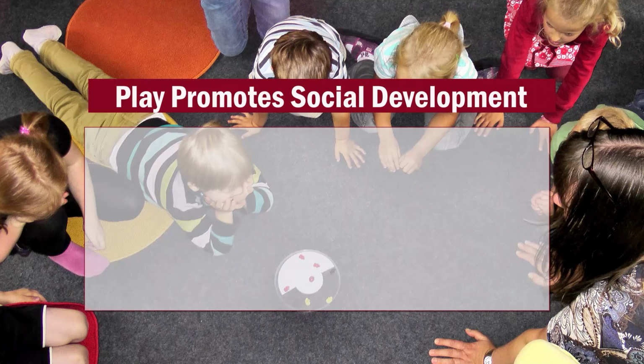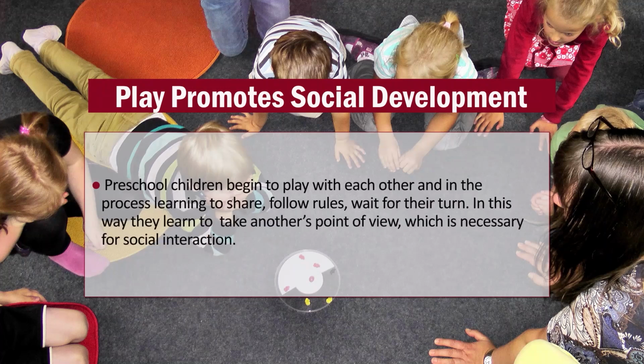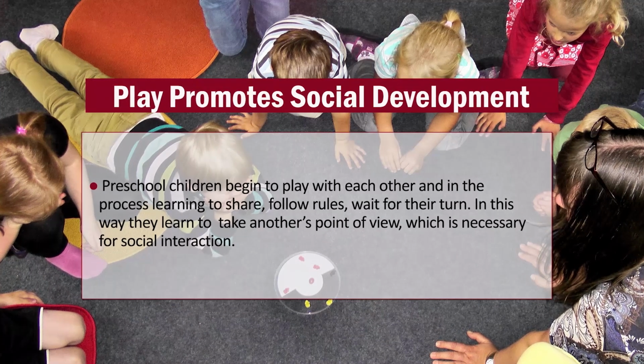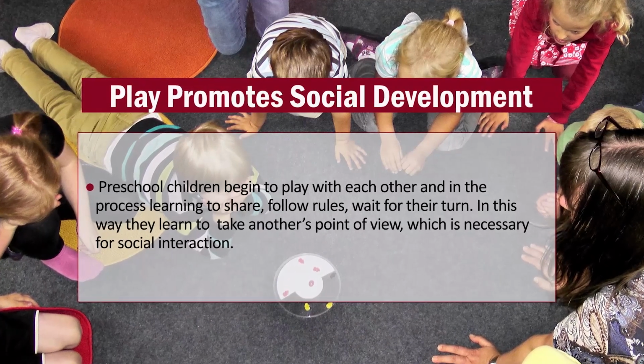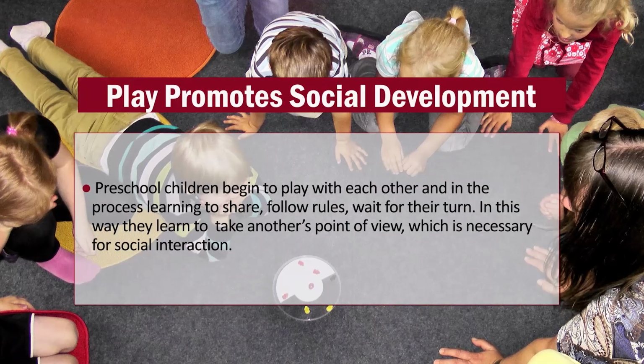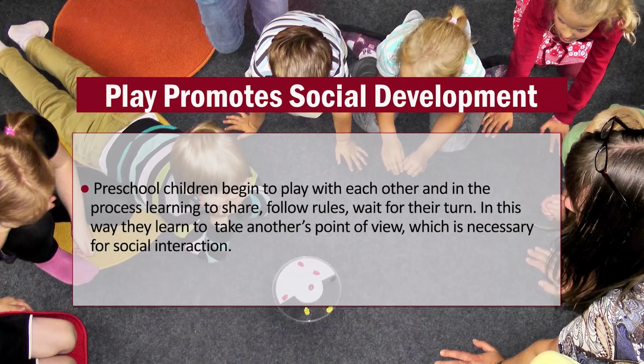How else does play help in social development? Let us see. A little older, by the time children are 4 and 5 years old, they like to play with each other. And when you play with each other, you need to learn to share, cooperate, see things from another person's point of view. You need to wait for your turn, you need to follow rules.